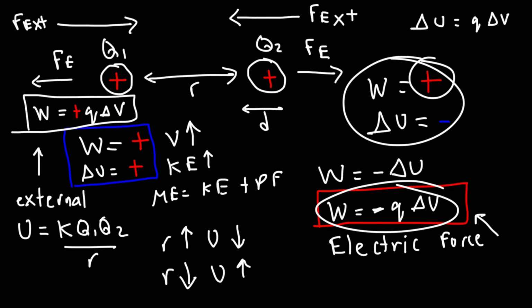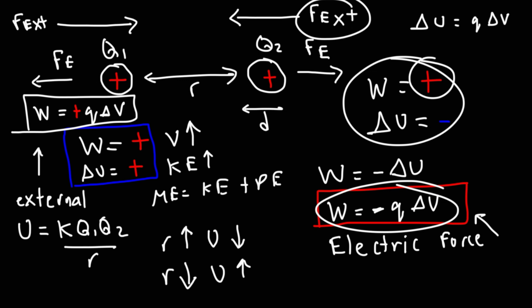Now let's summarize what we just learned so far. The gravitational force and the electric force are conservative forces. They keep the total mechanical energy of the system constant, which means that as the potential energy increases, the kinetic energy decreases, and vice versa. The external force that we applied in this example is a non-conservative force.